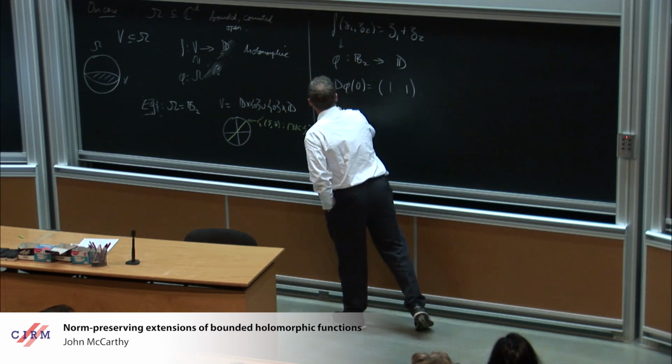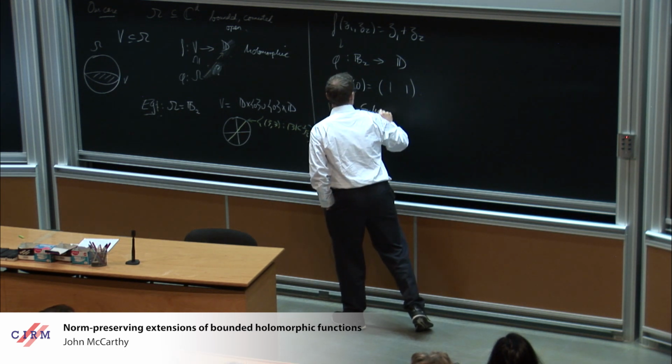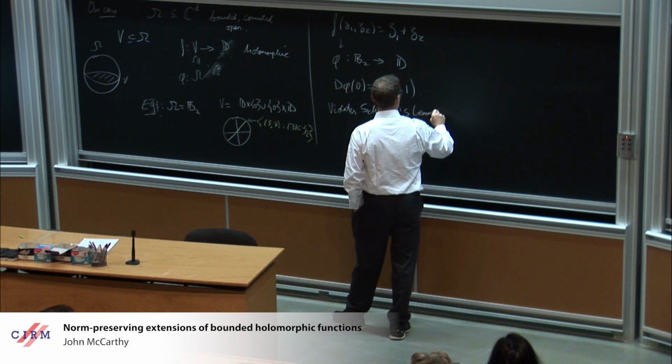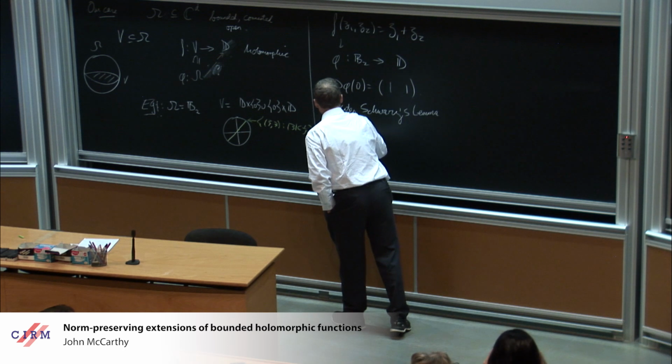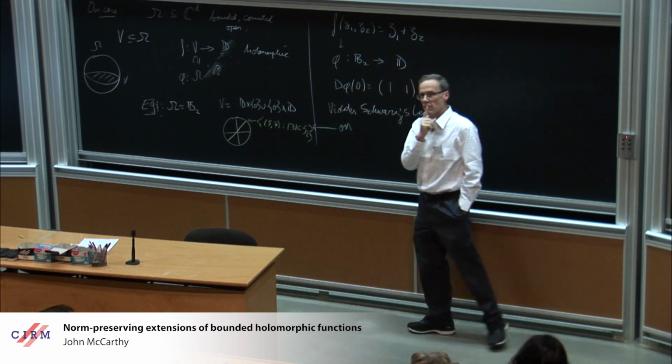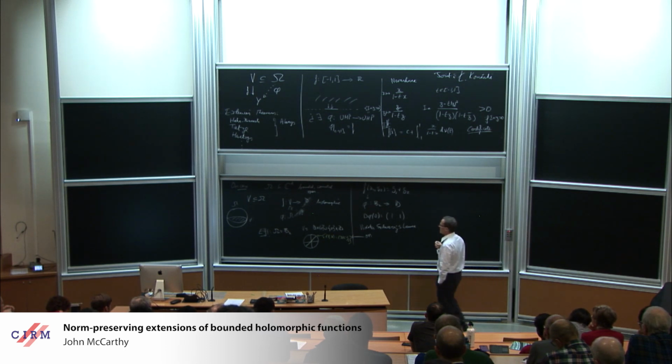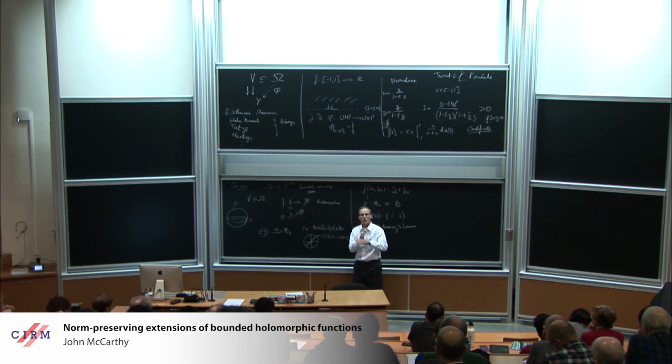So it violates Schwarz's lemma on this embedded green disk. So this set doesn't have the extension property. And in some sense, the reason it doesn't have the extension property is because we had a cross.